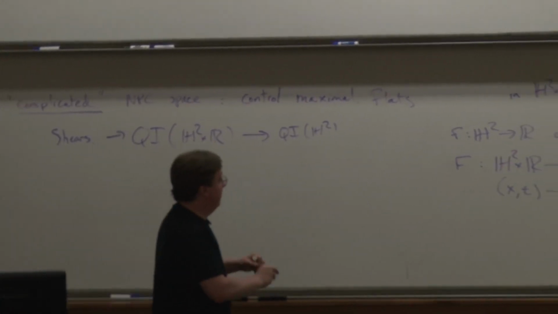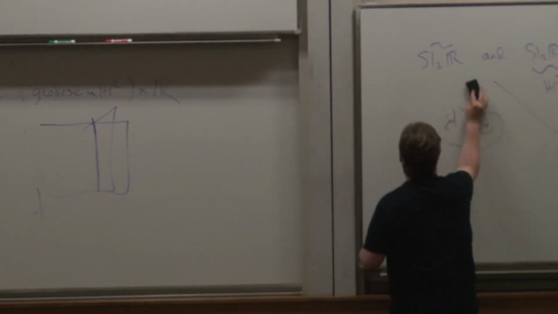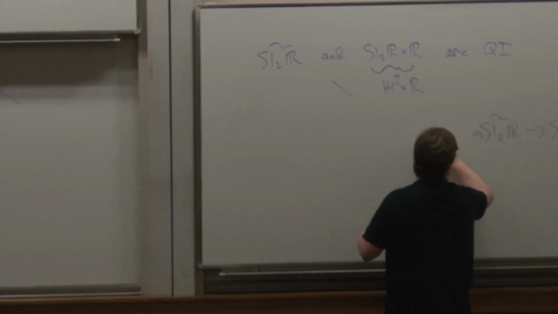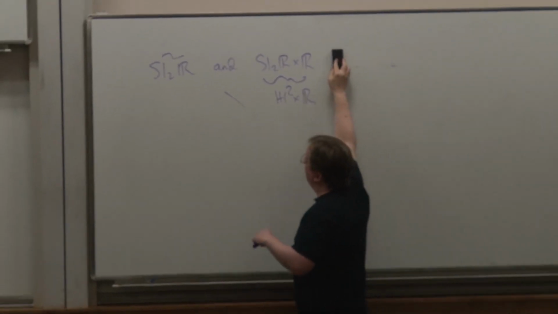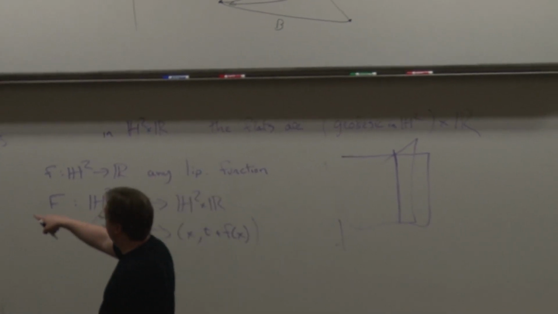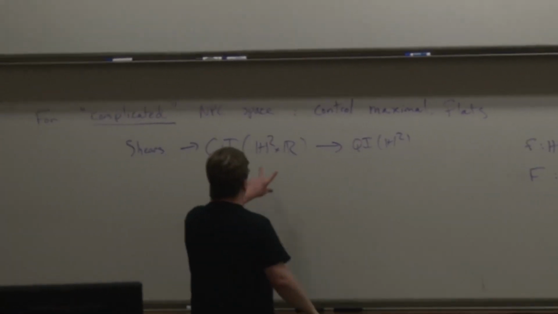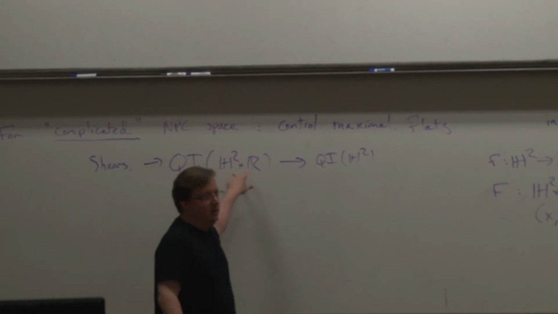I will leave dimension 3 here for a moment. So this statement, essentially, that I mentioned about things quasi-isometric to H2 cross R being central extensions of a surface group.